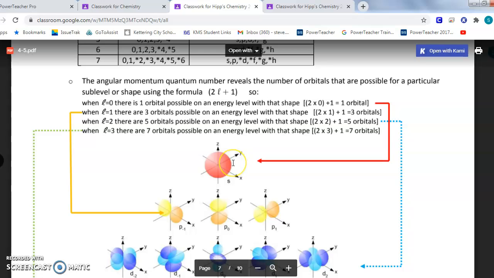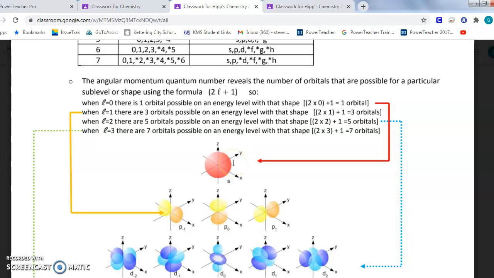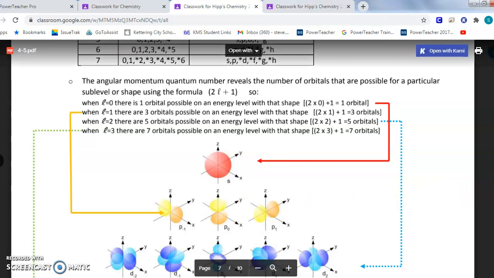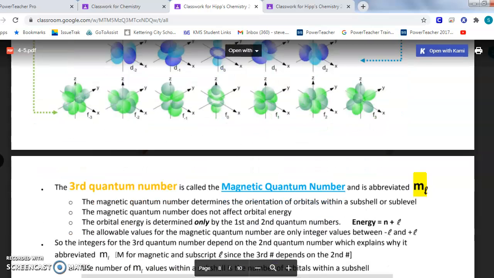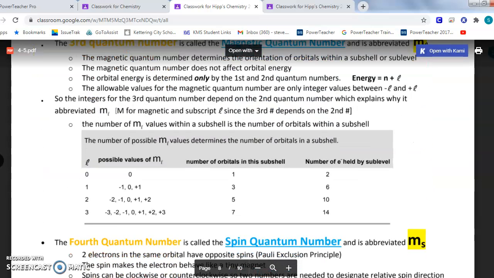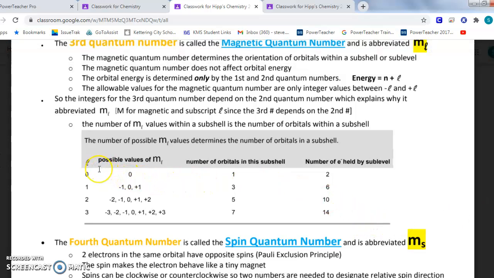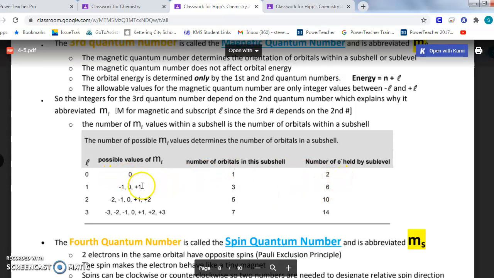So the s sublevel made up of 1 orbital would hold a maximum of 2 electrons. The p made up of 3 orbitals would hold a maximum of 6. The d made up of 5 orbitals would hold 10. The f made up of 7 orbitals would hold 14. So take a look at these things. When the L is 0, you're in the s, holds 2.